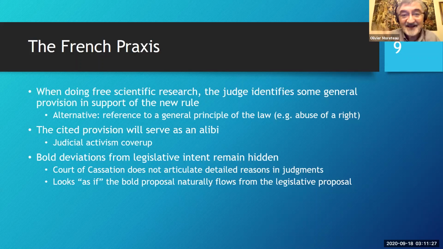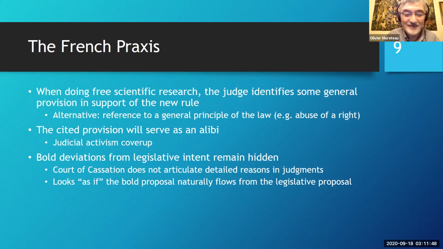Only the doctrine can figure it out. But when you read the judgment, it's as if the bold solution flows naturally from the language of the code. So it looks as if it were there in the code in the first place when it was written.